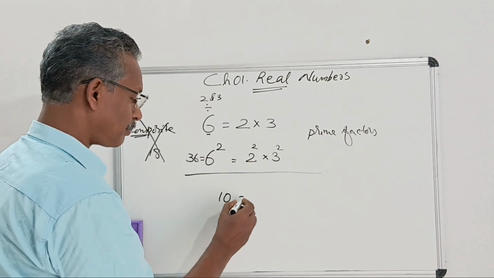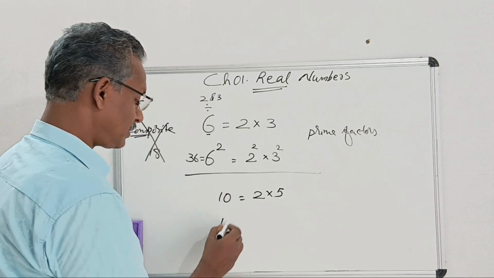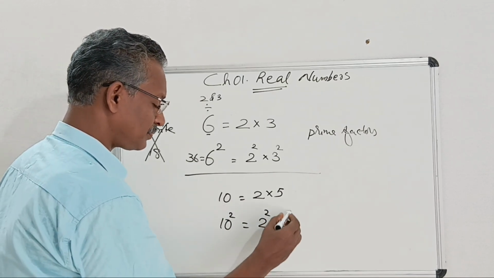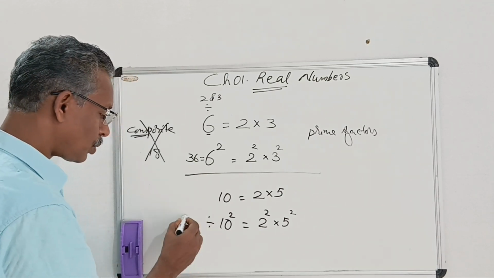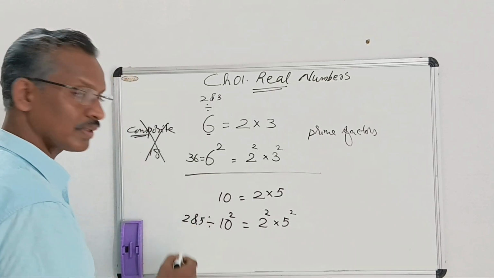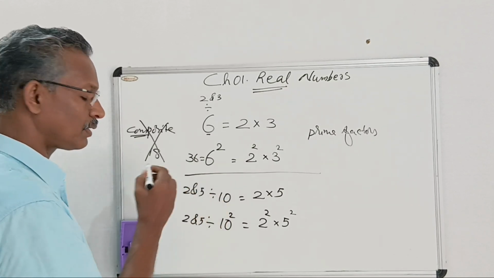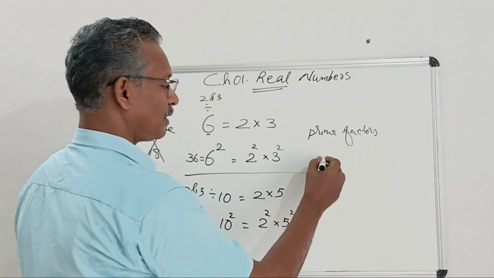10 contains the prime factors 2 and 5. 10 square contains 2 square and 5 square. Here 10 square is divisible by both 2 and 5. 10 is also divisible by 2 and 5. Understood? So this goes to a theorem.